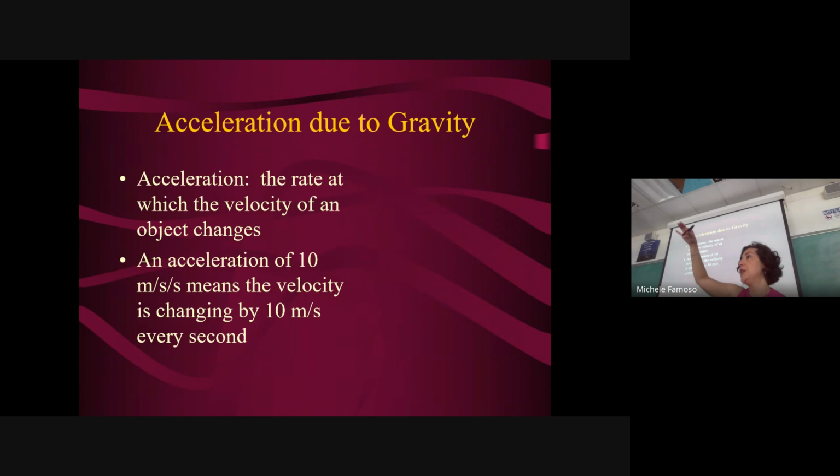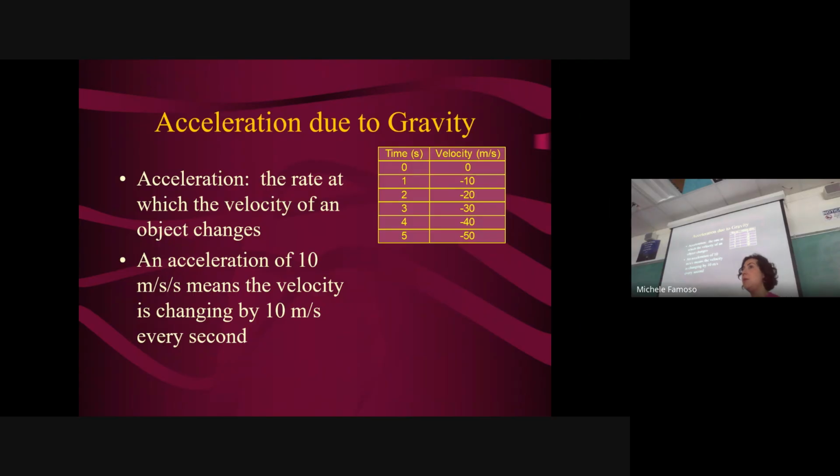What's really interesting about when I drop something, do you know what velocity it's going to start from? This is a data table showing the velocity of a dropped object over 5 seconds. Notice at time 0, that's our initial velocity. We're going to start from rest, a velocity of 0 meters per second.